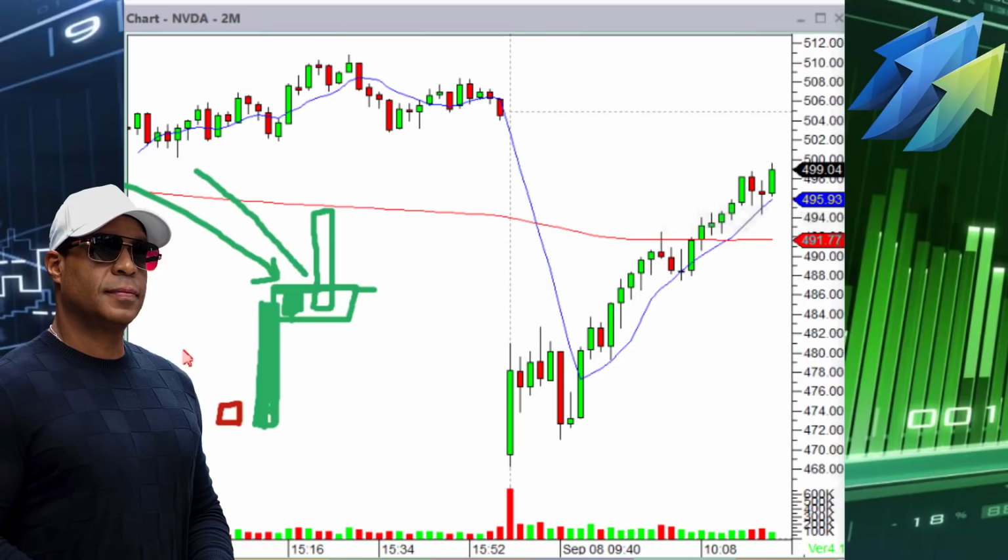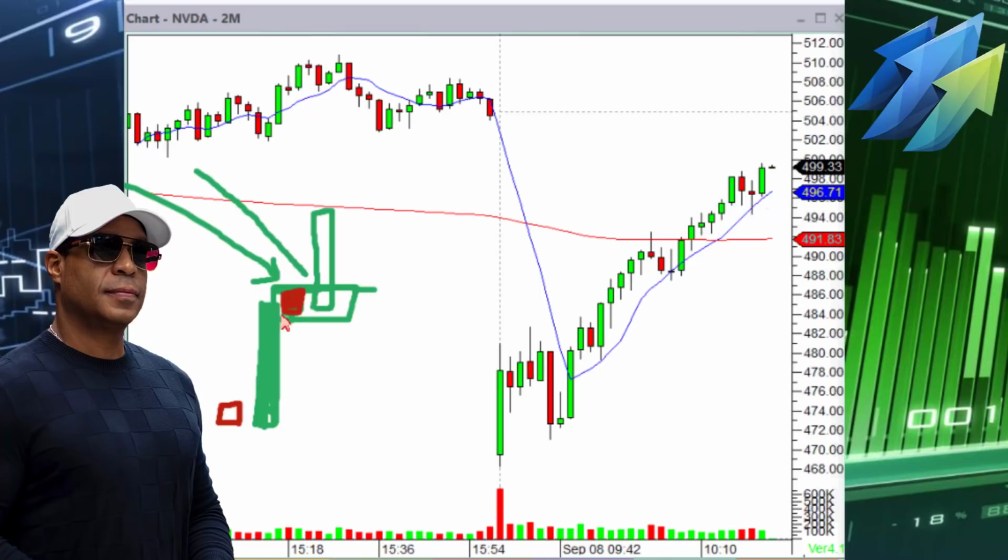Now that's not an RBI, but it's almost the same because the purpose of an RBI is just the stock gets to have a pause. So whether the pause is red or green, it really doesn't matter that much. That would be an RBI, and the green would just be a pause. Both are pauses.